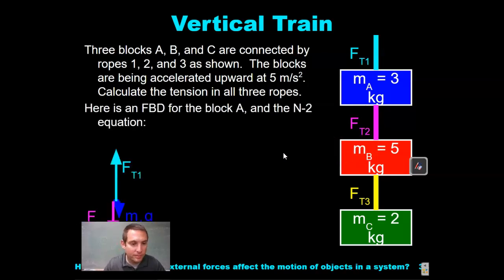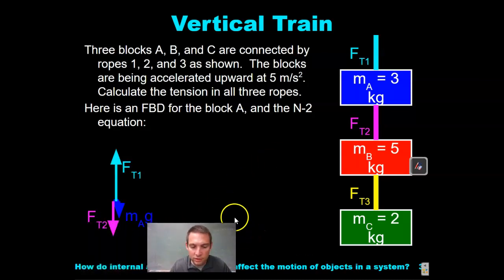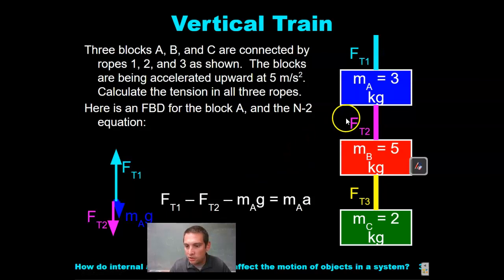Here's an alternative way. Free body diagram for A and the Newton's second law equation. So just for block A, we have stuff that makes it go minus stuff holding it back. And we have multiple objects holding it back this time. So what that tells us is we get this equation, right?